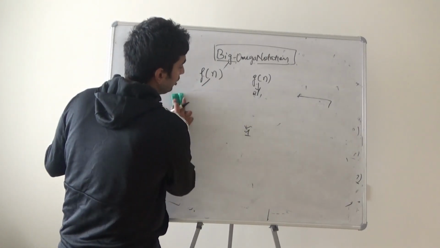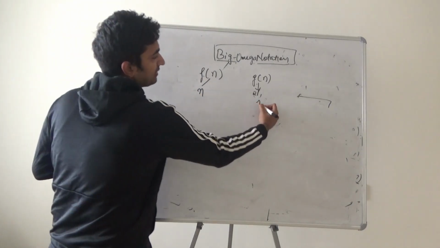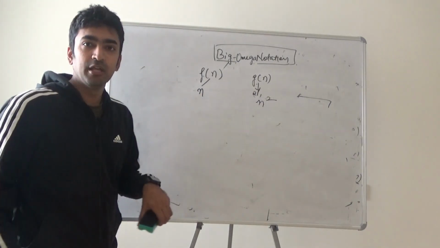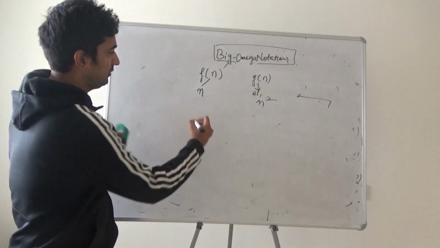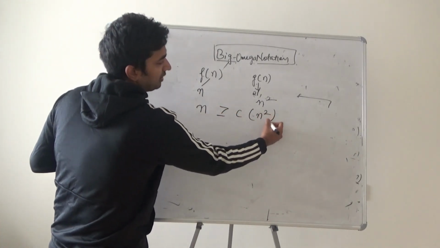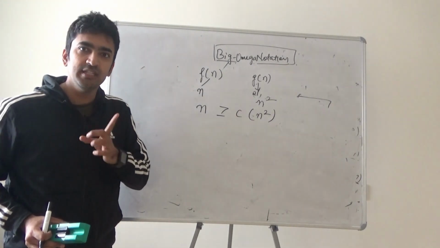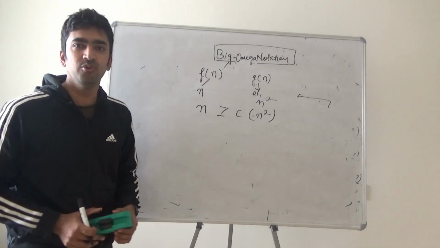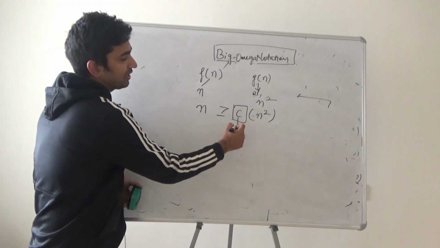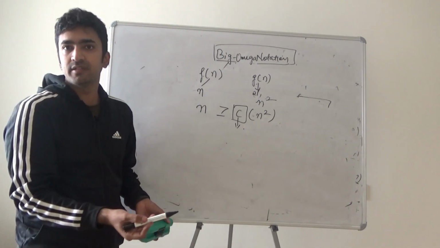But will this hold true if I write this as n and this as n square? Now let's try it out. We have n greater than or equal to C of n square. What should I put as the value of C so that this condition holds true? Obviously I cannot put it as 1 because n cannot be greater than n square.